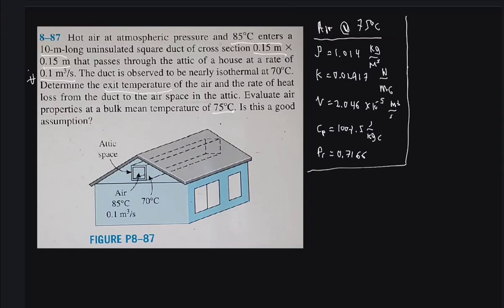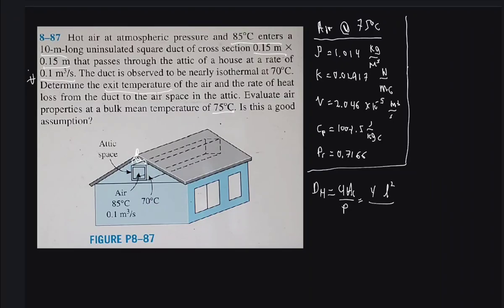Because this is a square duct, the first thing we need to do is calculate the hydraulic diameter. That's basically the diameter that we would expect if instead of a square, it was a circle. The formula for that is 4Ac over P. If we call the length of the square L, the cross-sectional area is L squared.